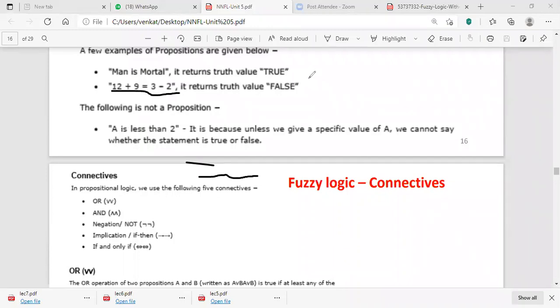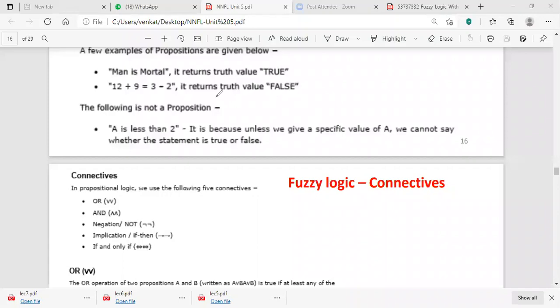If you observe here, A is less than 2. Because A is not specified with a certain value, it cannot be a proposition. We cannot say whether the statement is true or false.